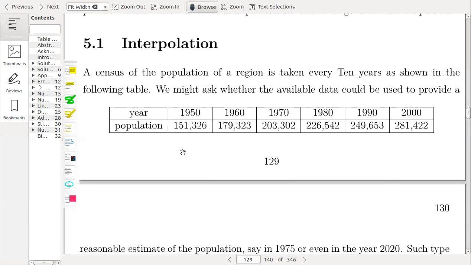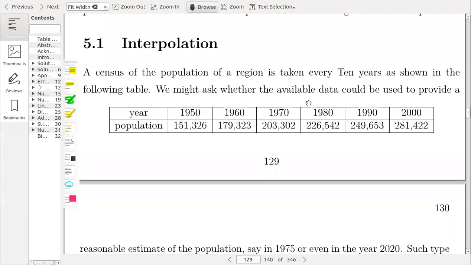In the table, in year 1950, the data is collected as 151,326. And in 1960, 179,323.